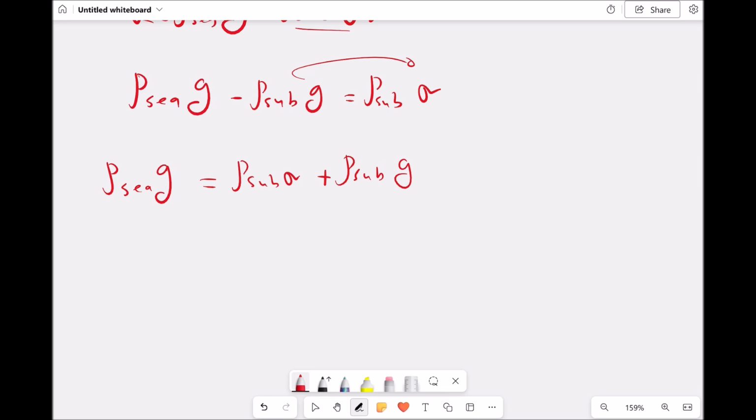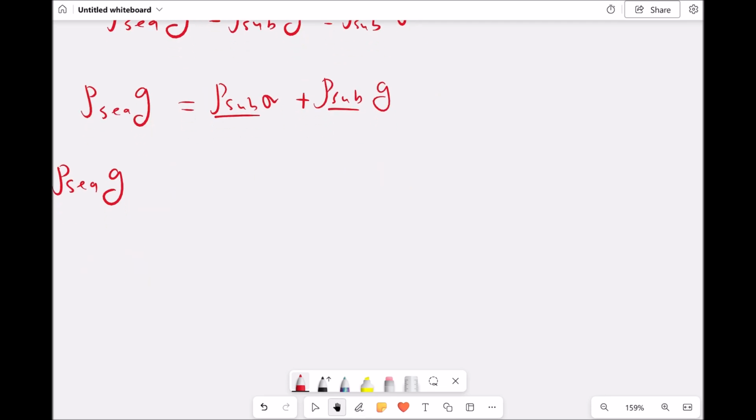Okay, now look guys, you can take this one because it's common, density of the submarine, so you can take it as a common and you will see density of the sea multiplied by gravity is equal to, take this one as the common, density of the submarine, all multiplied by acceleration plus gravity.